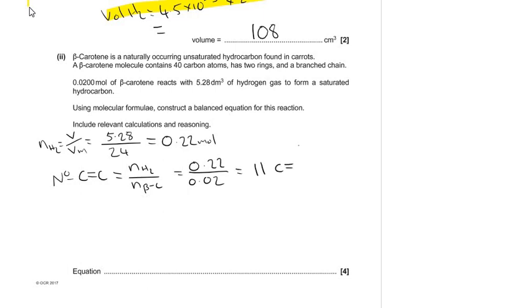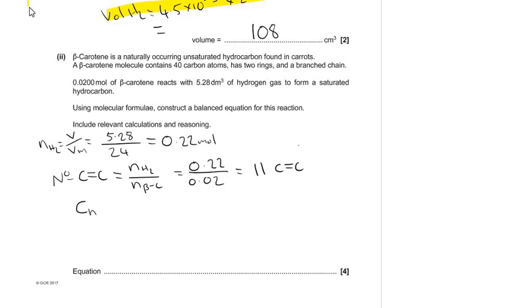So we've got 11 carbon-carbon double bonds in beta-carotene. Now, at this point, it can become quite tricky to think about what to do next. So what I decided to do was work out how many carbons and hydrogens there should have been in the saturated product and work backwards from there now that I know how many carbon-carbon double bonds there are.